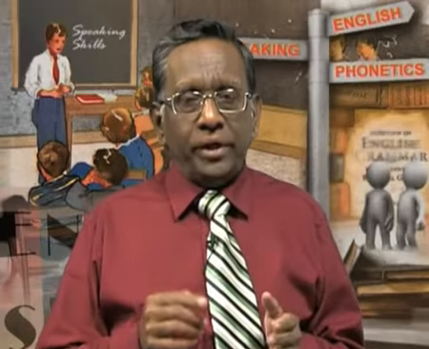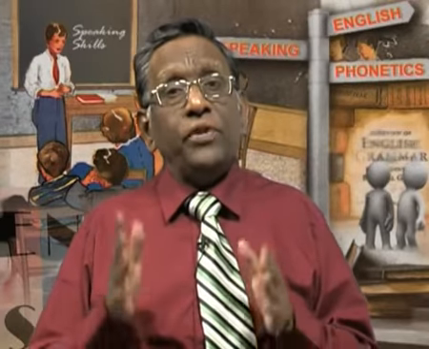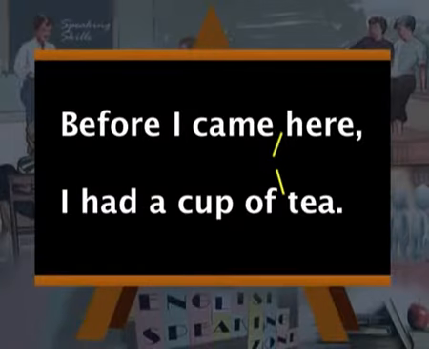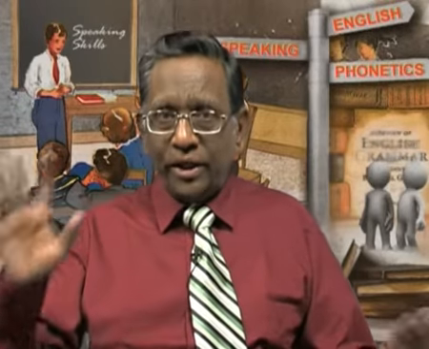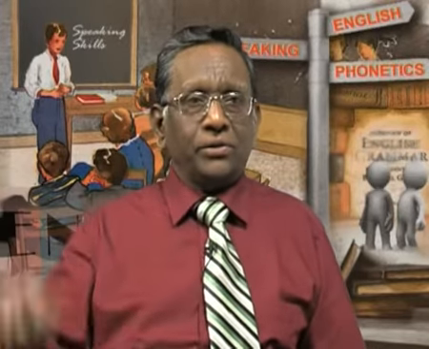Before I came here, I had a cup of tea. When I say that, before I came here is the subordinate clause, and therefore a rising tone is used, indicating that something else is following, that the meaning is incomplete. I had a cup of tea. When I say that I had a cup of tea, falling tone on tea, that means the meaning is complete and it is the main clause.